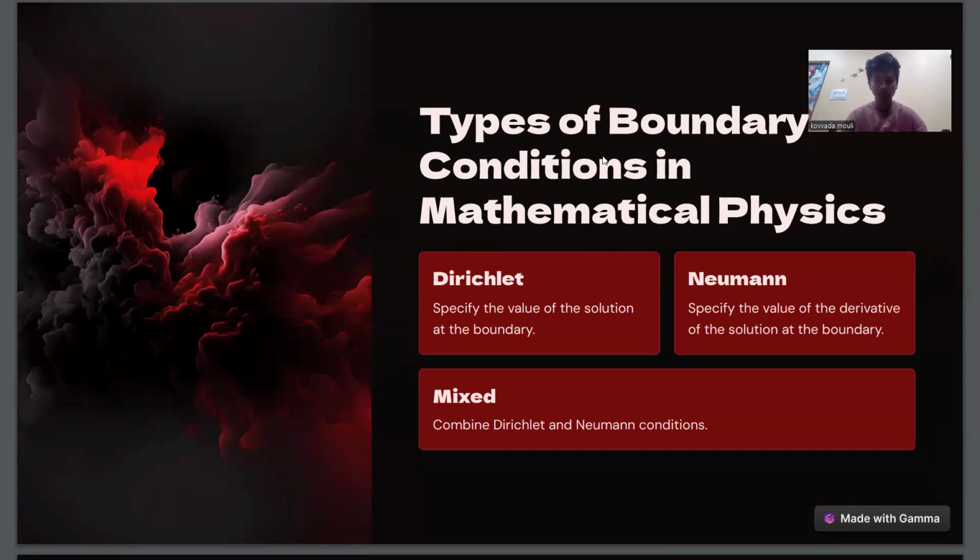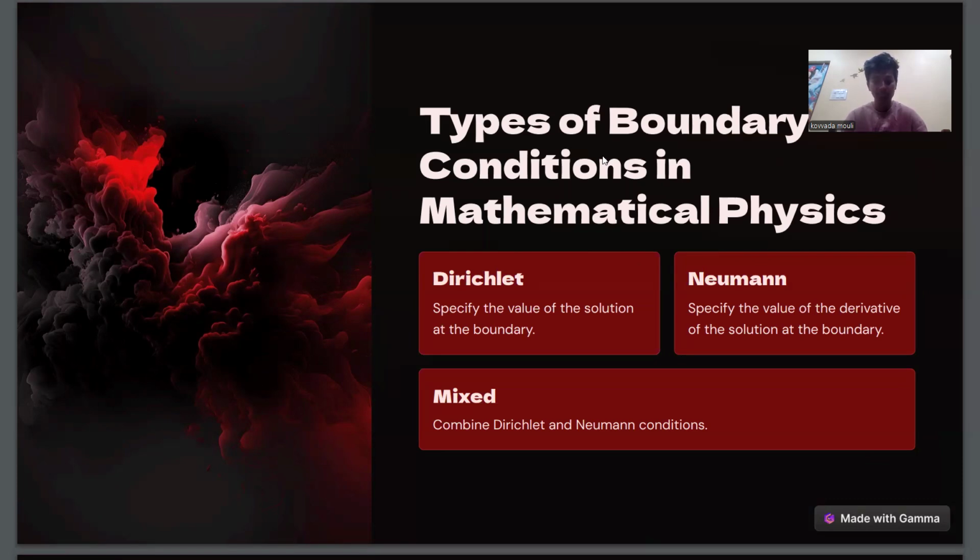Homogeneous BVPs can be studied using functional analysis, where solutions belong to function spaces such as Hilbert spaces. Concepts like orthonormal basis, self-adjoint operators, and weak solutions are crucial in these approaches.